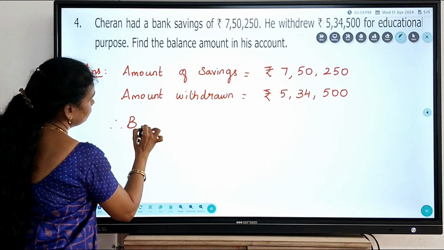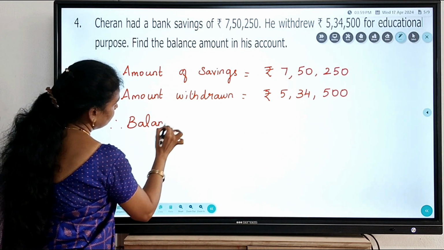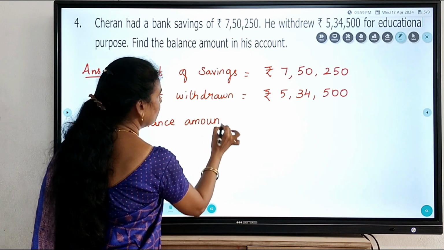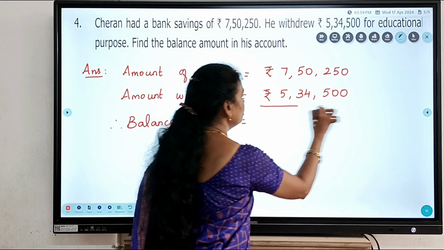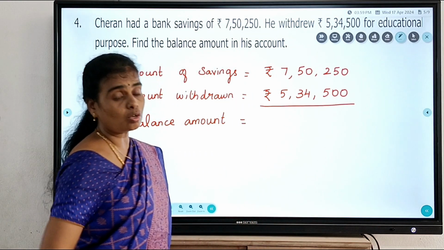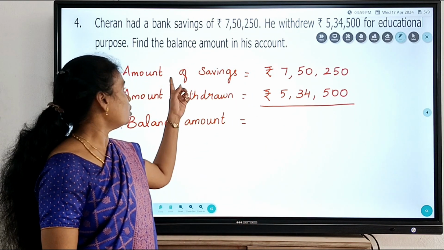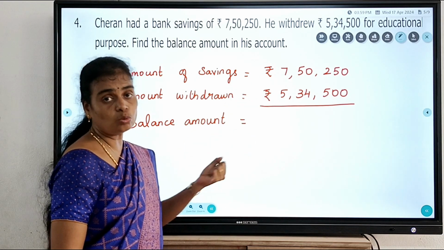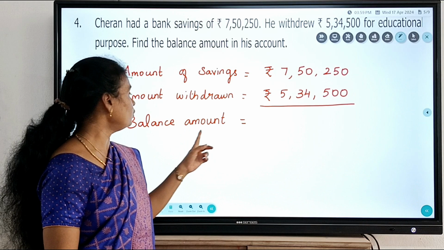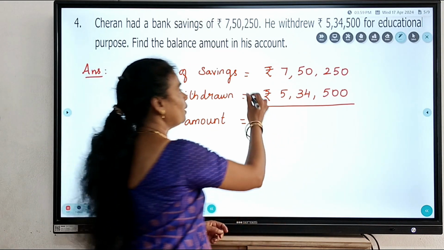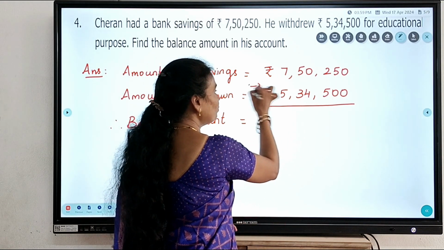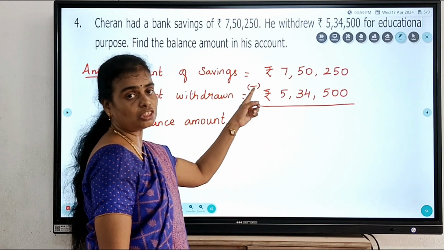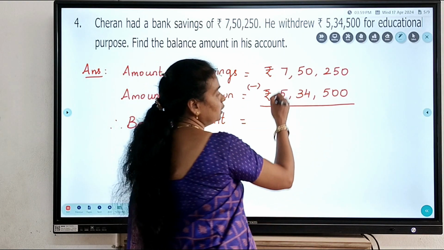Therefore, balance amount equal to, so what are we going to do here? What operation has to be done? The total amount of savings is given and the amount withdrawn, that is taken out, is also given, and you have to find the balance amount. So balance amount can be got by subtracting these two numbers, and hence this operation, that is subtraction sign, has to be written in between the two numbers.